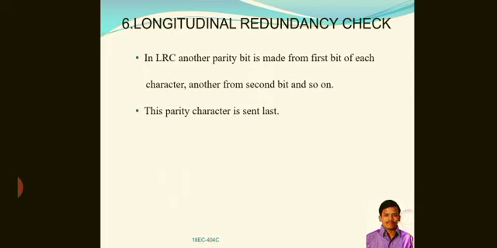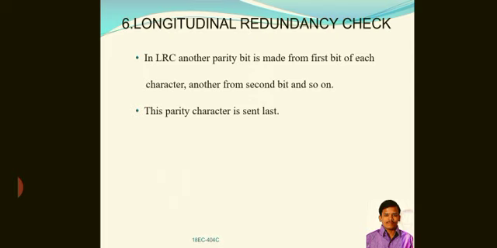After taking the parity from each block, those extra bits will be added to the original characters. For example, if you are taking 64-bit data, assume that it will be divided into 8 characters or 8 blocks. From each block we are adding one extra bit, which may follow even parity or odd parity.